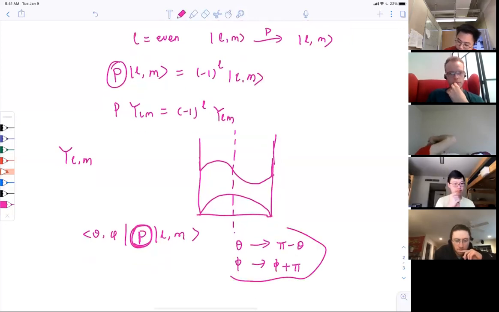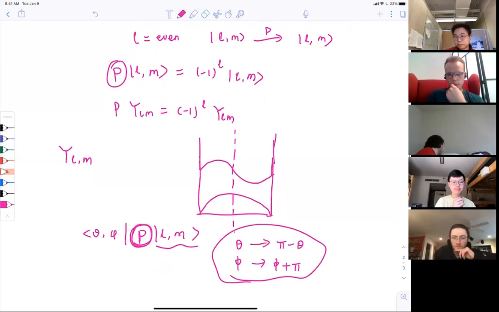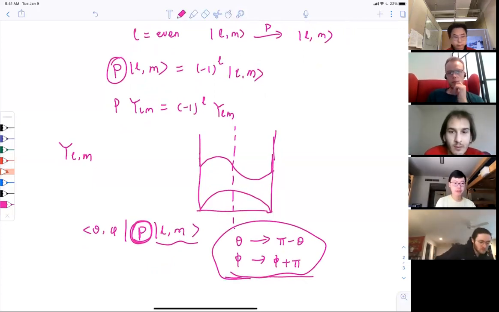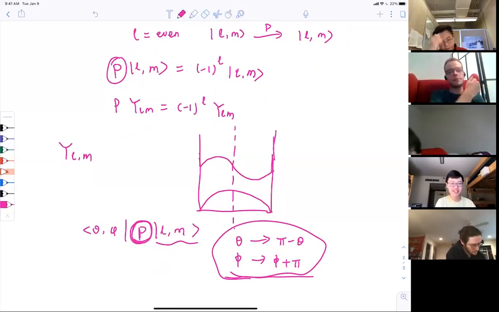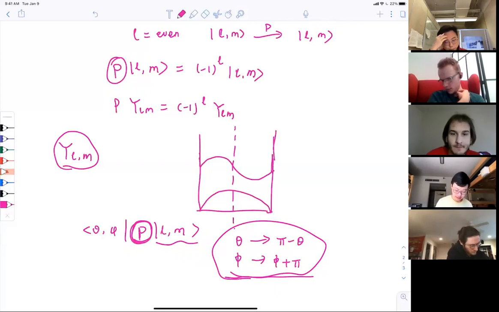And you will see your wave function with a sign flip if your L is odd and remains the same if L is even. All right, I'll probably just remember that. Yeah, I guess it's a property of spherical harmonics.